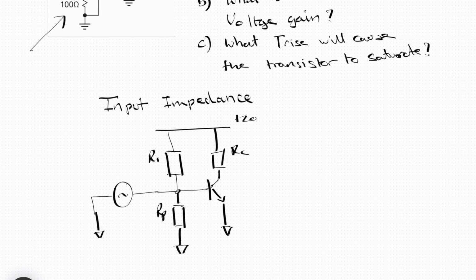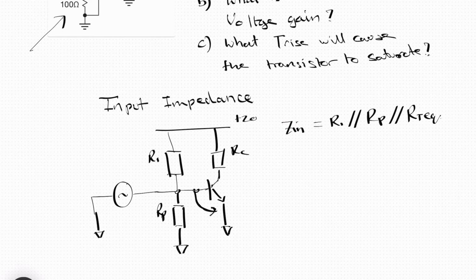So the input impedance is going to be a parallel combination of R1, RP, and some combination of the resistance over here. So Zin equals R1 in parallel with RP in parallel with RTEQ.